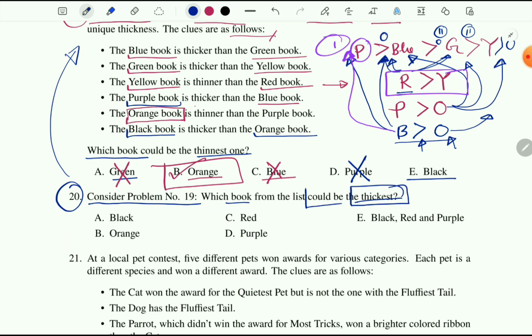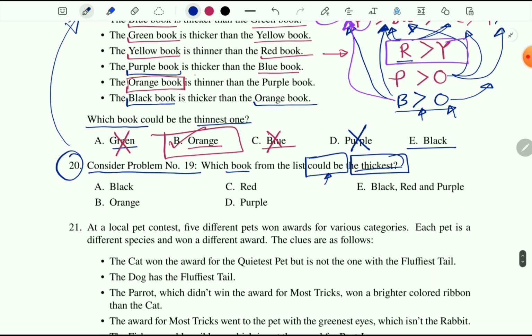And remember here, the word "could be". We don't know, but there might be some possibilities that some books could be the thickest. So we have to find out all books which have the possibility to be the thickest one.